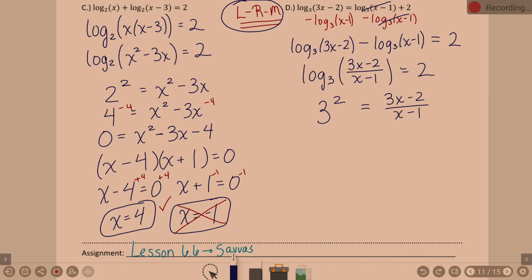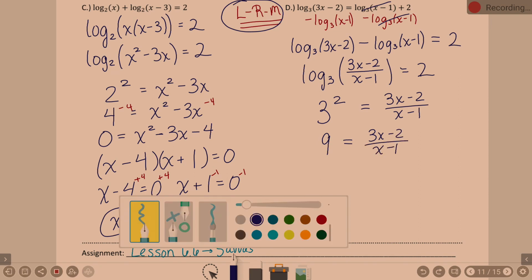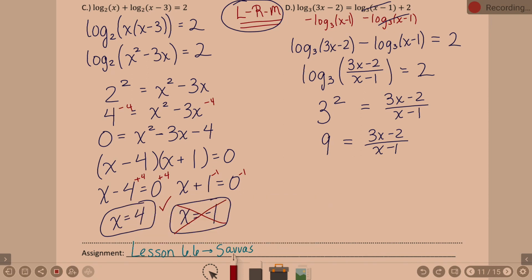That fun fraction of 3x minus 2 over x minus 1. Okay, well, 3 squared is 9. Okay, so I'm at the point of 9 equals 3x minus 2 over x minus 1.